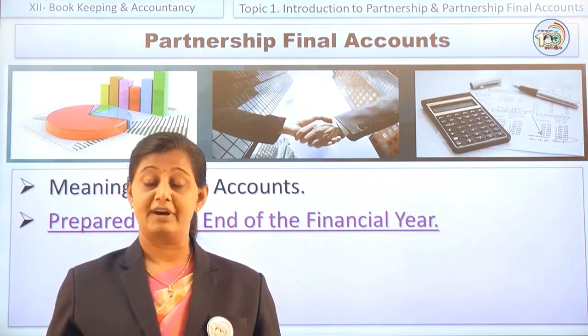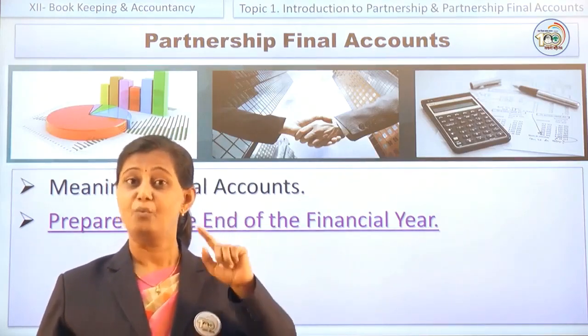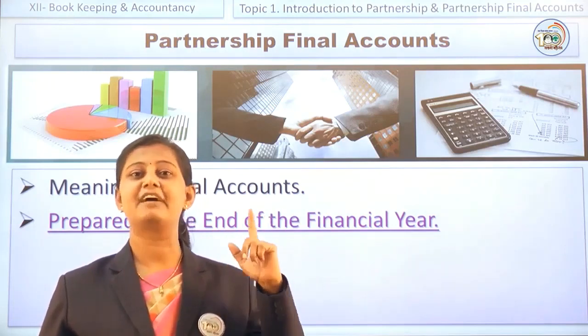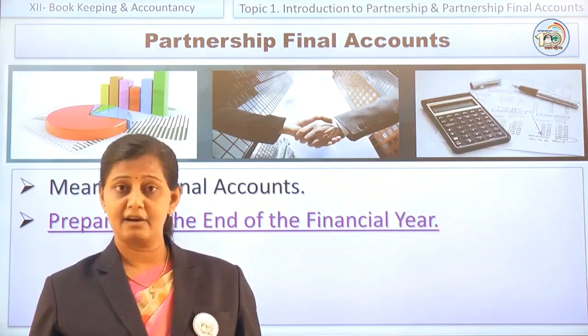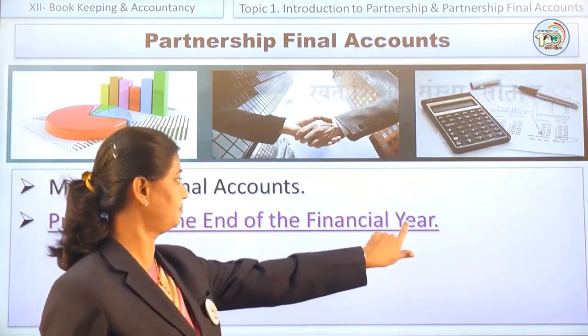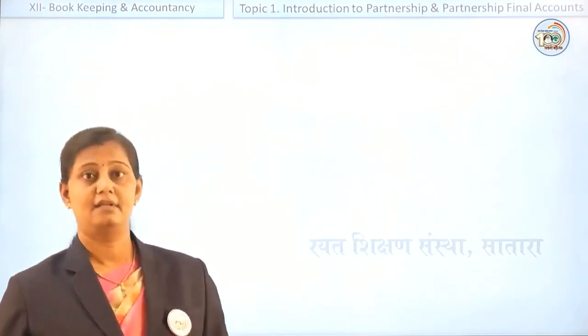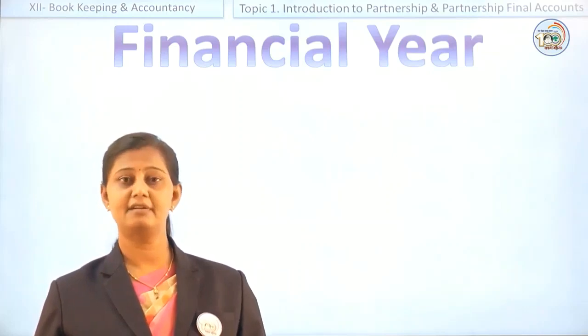What is the meaning of final accounts? The accounts and statements which are prepared at the end of the financial year are called final accounts. Financial year is also called accounting year.